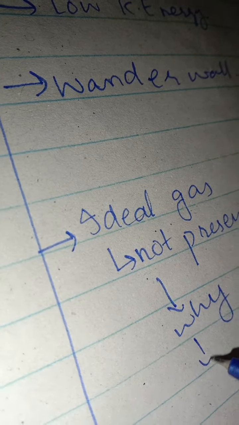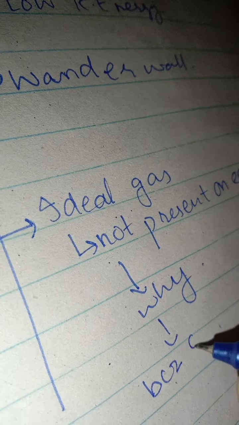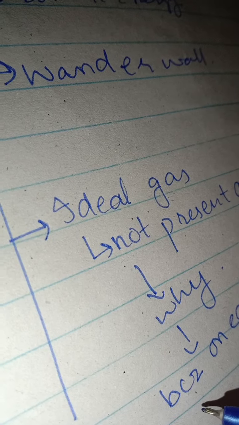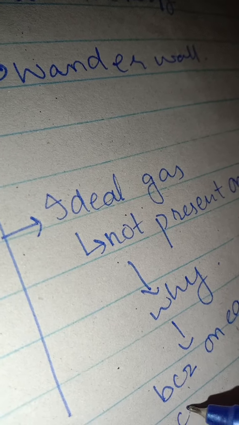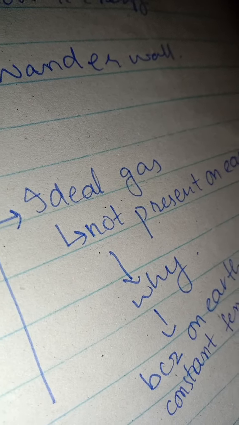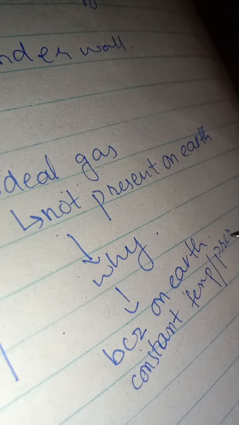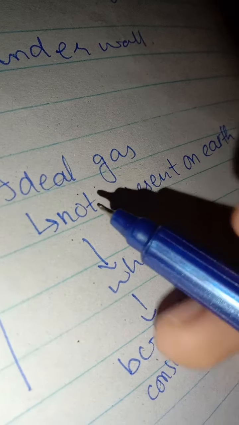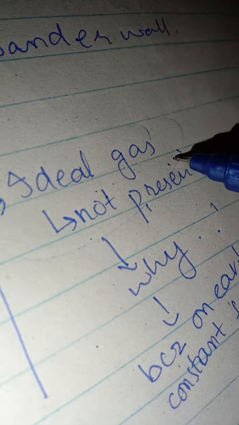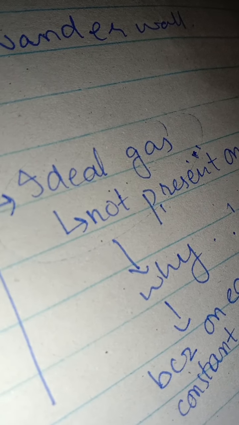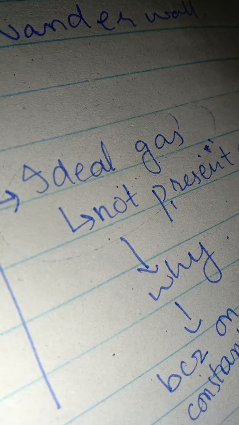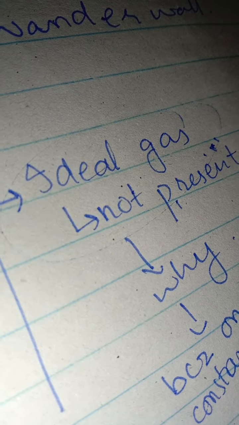Because on Earth we do not have constant temperature or pressure. Due to the lack of constant temperature or pressure, we do not have an ideal gas on our planet. It is present outside of the galaxy or on other planets, but it is not present on Earth.